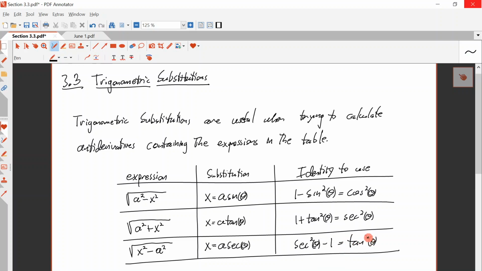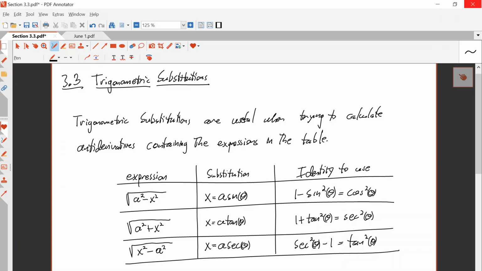And the reason why you're going to use these identities is you're going to change the square root with a sum inside of it to a square root of just a square. So you're going to eliminate the sum inside the square root using these identities here.